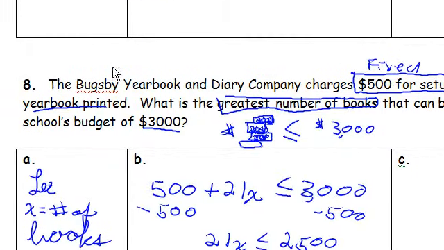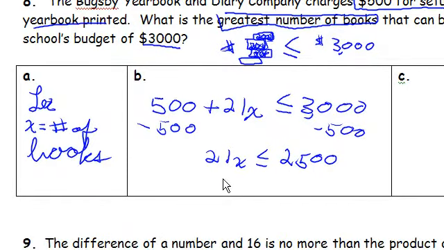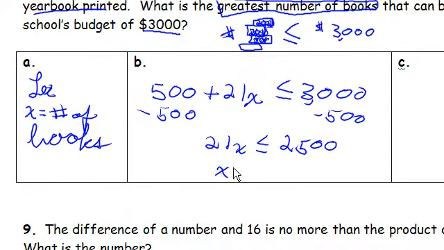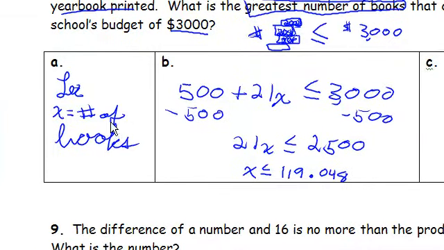Now here's where you need to use your intuition. So x has to be less than or equal to 119.048.